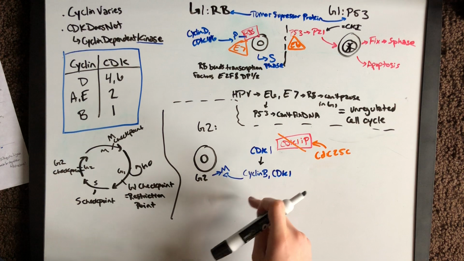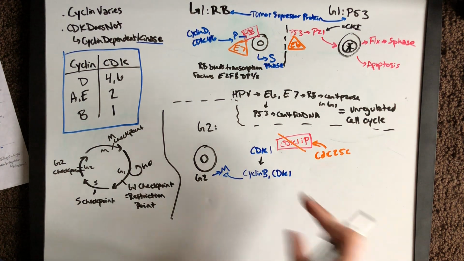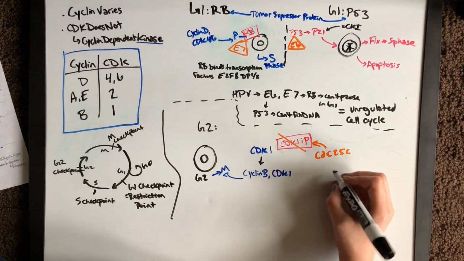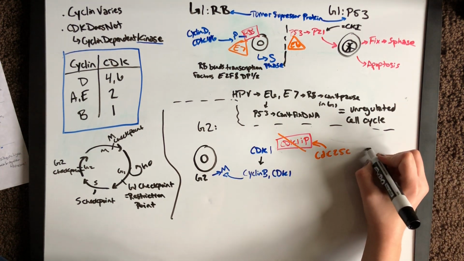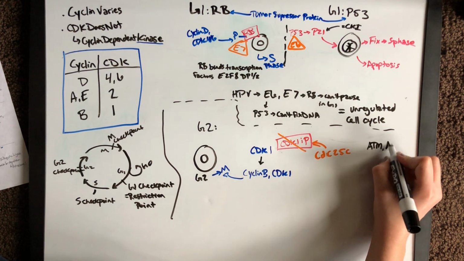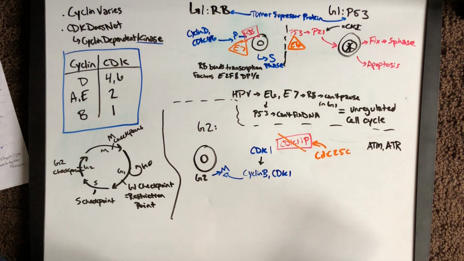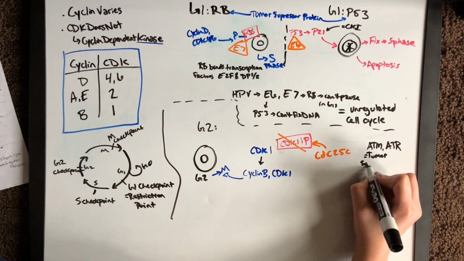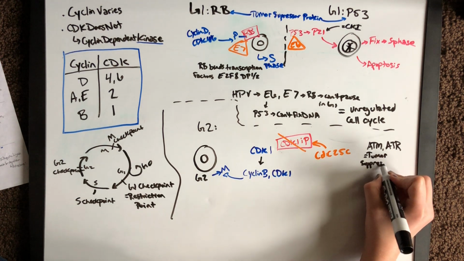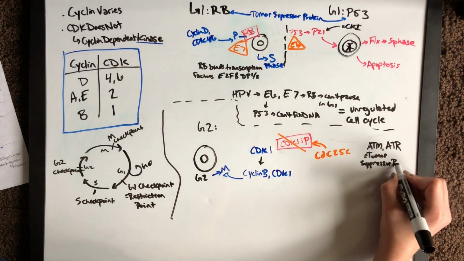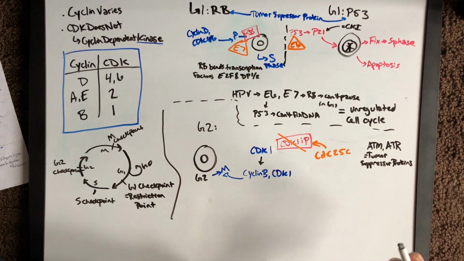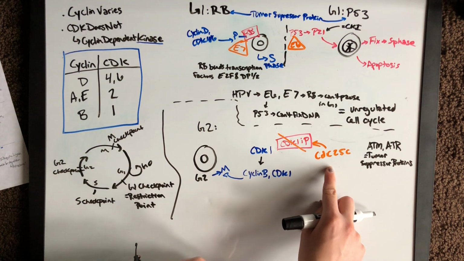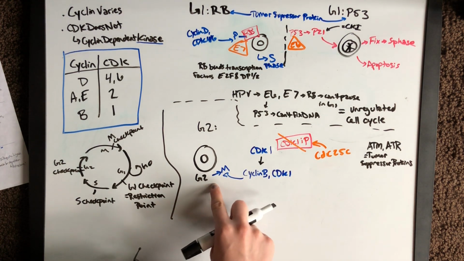So if we don't want to let our cell go from G2 to M, so we want to turn off this process, we have some other tumor suppressor proteins. They're called ATM and ATR. So those are tumor suppressor proteins. So they're going to come in and inactivate CDC25C so that we don't do this and we don't go into M phase.